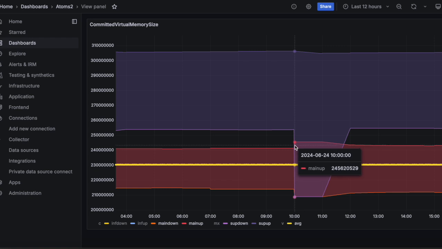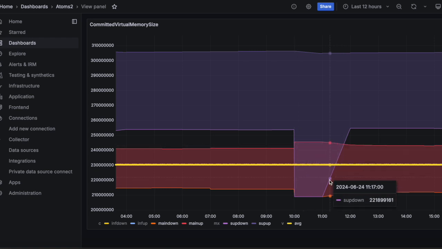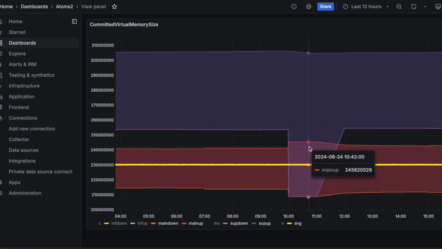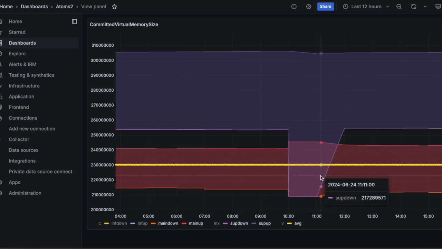So you see here that there's overlap, and this can happen. Whenever there's an overlap, our algorithm will always prioritize the main baseline. So if a data point falls in this overlapping area, it will always be considered as a data point that is in the main baseline.